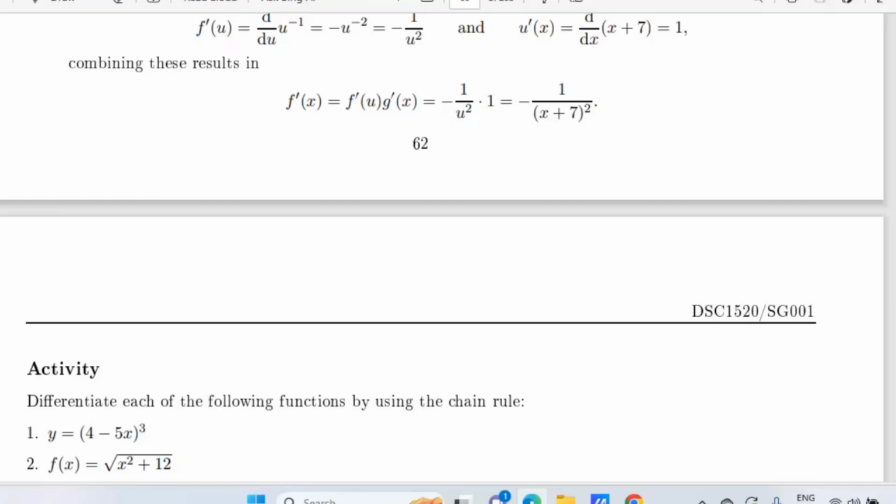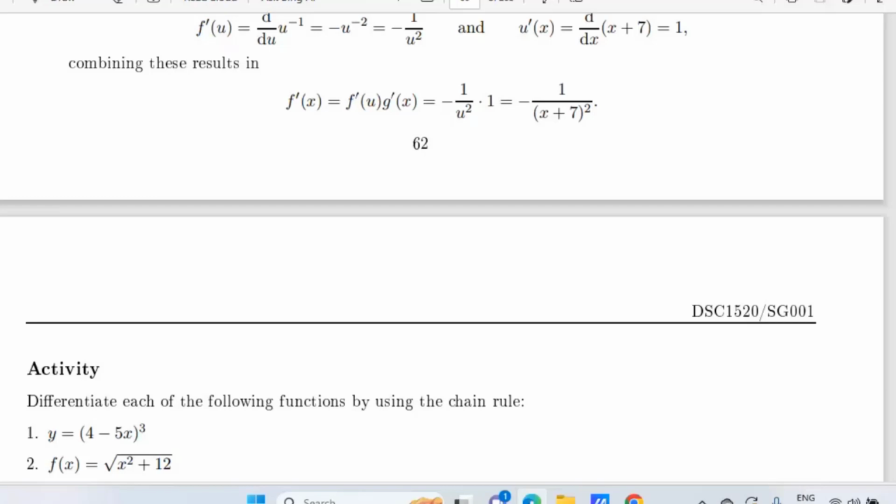Right? Okay, yes, I'm with you. 12 is a constant. And then if we look up there on the page, it says that the derivative of f of x is equal to the derivative of f with respect to u times the derivative of u, g of x.